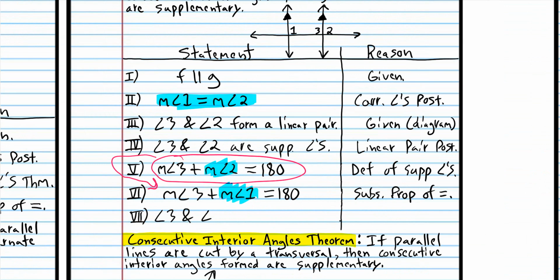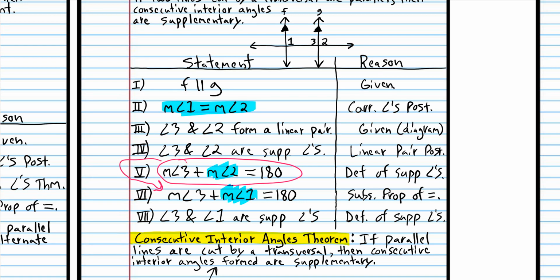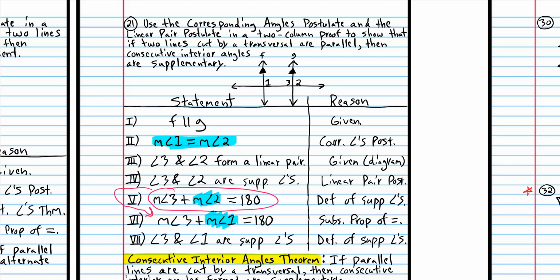So angle 3 and angle 1 are supplementary angles, and that's just the definition of supplementary angles. So we proved that if a transversal cuts through two parallel lines, then consecutive interior angles are supplementary.